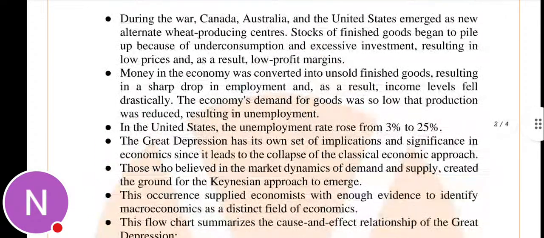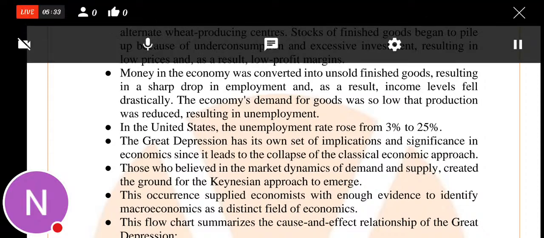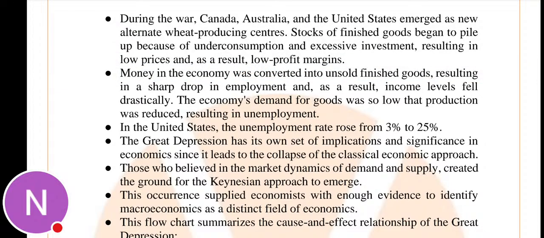During the war, Canada, Australia and the United States emerged as new alternative wheat producing centers. They were producing more wheat during the World War, and stocks of finished goods began to pile up because of underconsumption and excessive investment, resulting in low prices.